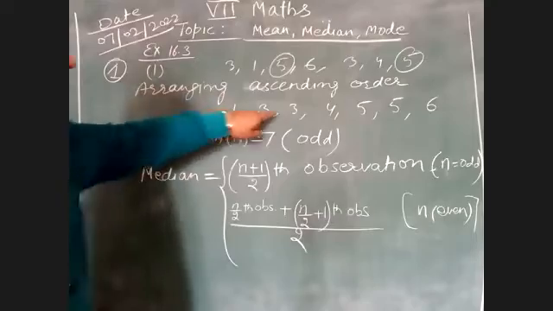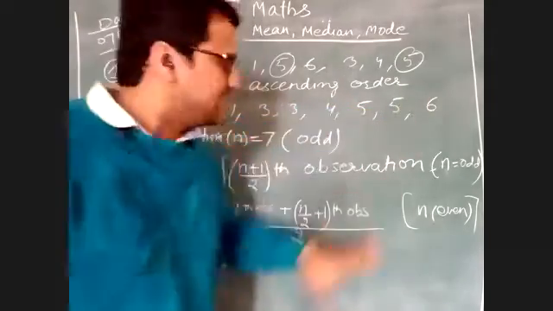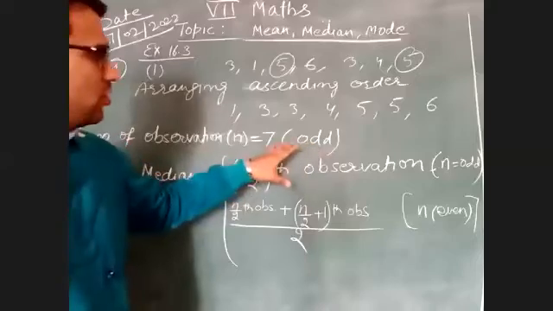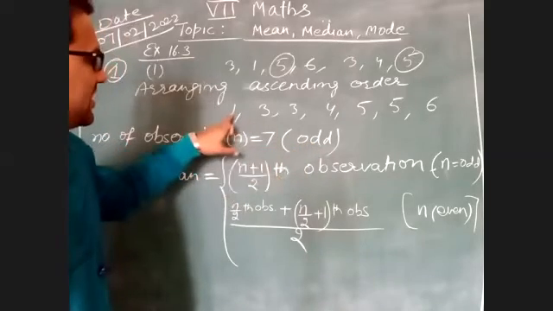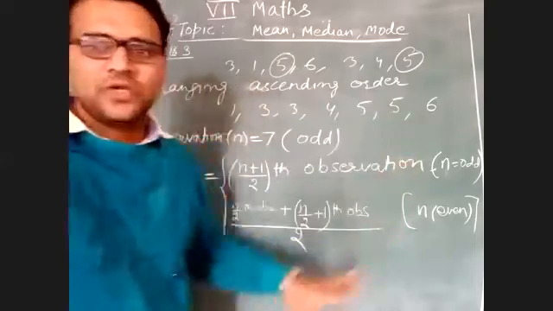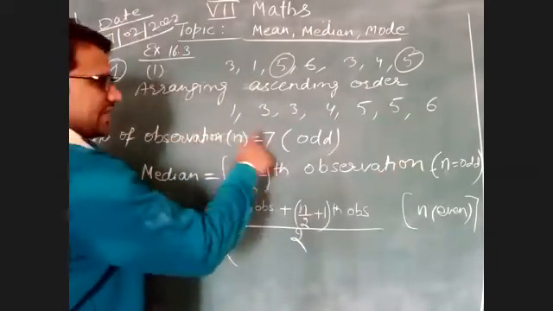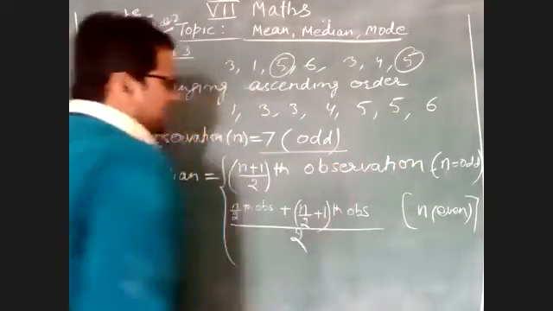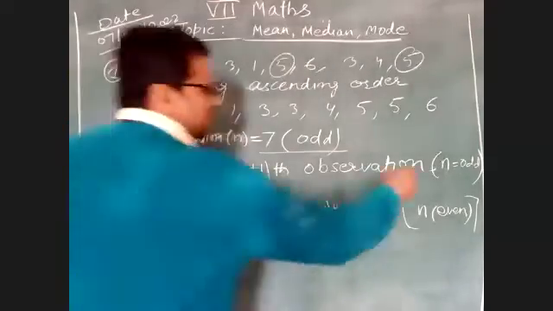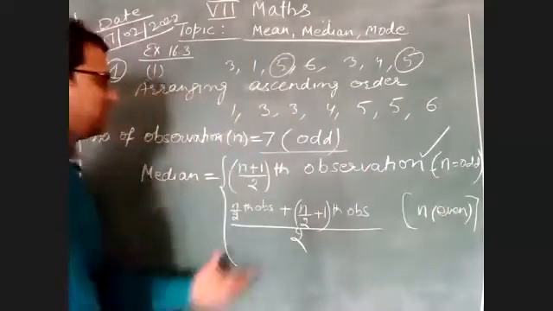This will become 1, 3, 3, 4, 5, 5, 6. Now the number of observations in this data is 7, which is odd, as you can count: 1, 2, 3, 4, 5, 6, 7. So from this formula, we will use the upper part.